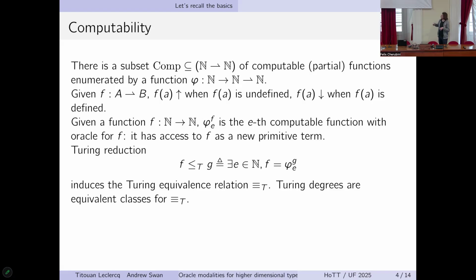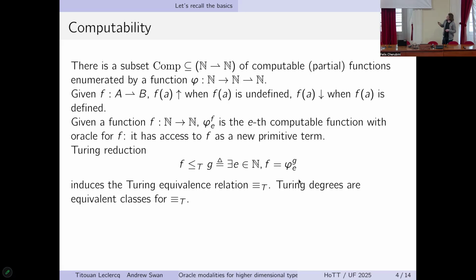This allows us to define the Turing reduction, a relation saying that f is computable using g as an oracle. This is just a formal expression of this.